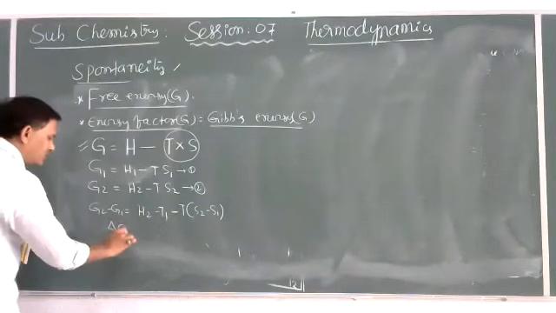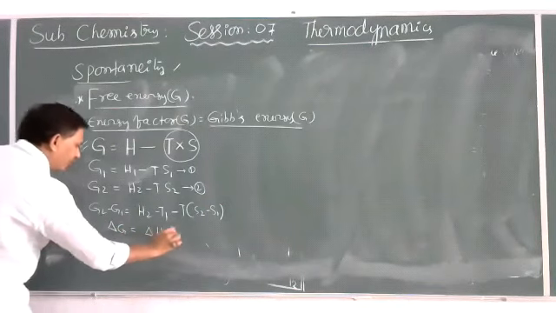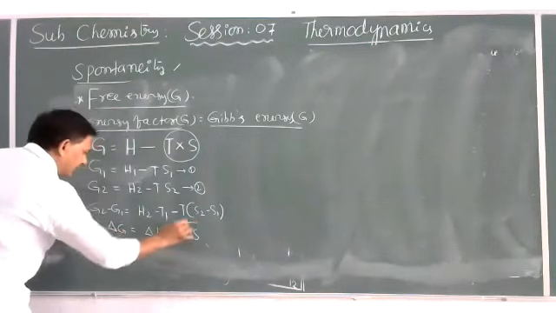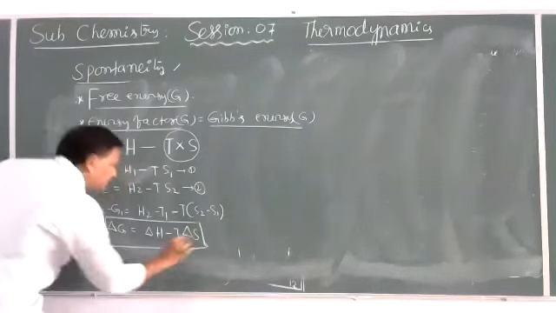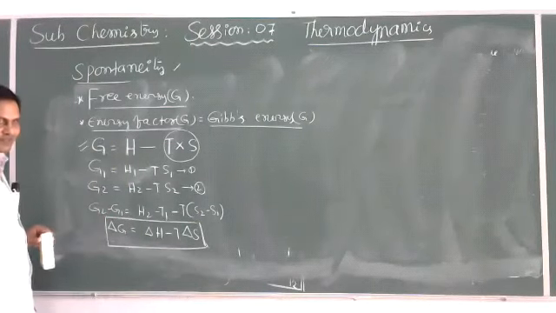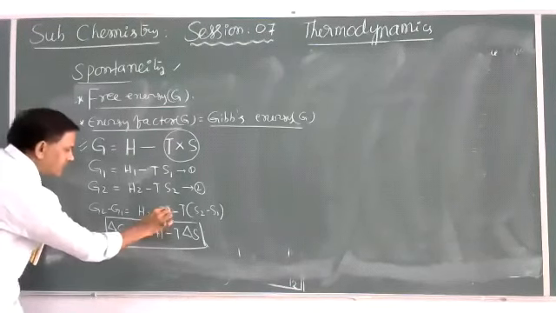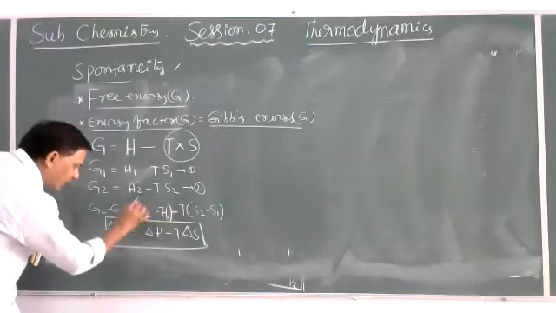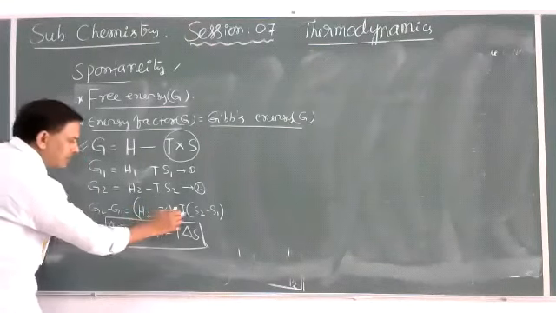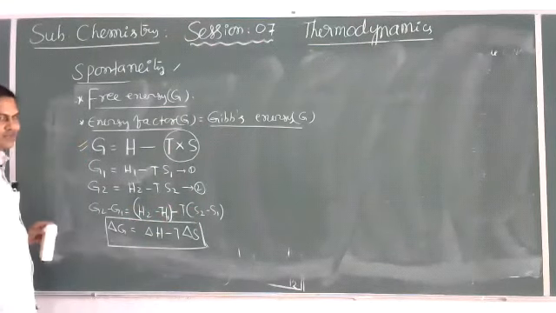This is delta G is equal to delta H minus T delta S. This is the Gibbs energy change expression. Here H2 minus H1 is delta H, and this is minus T into S2 minus S1.